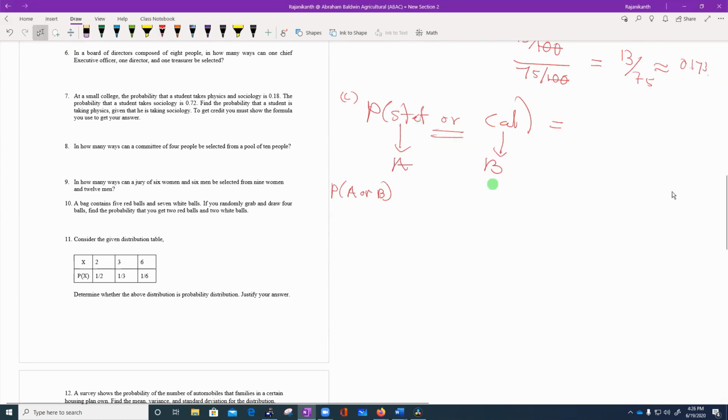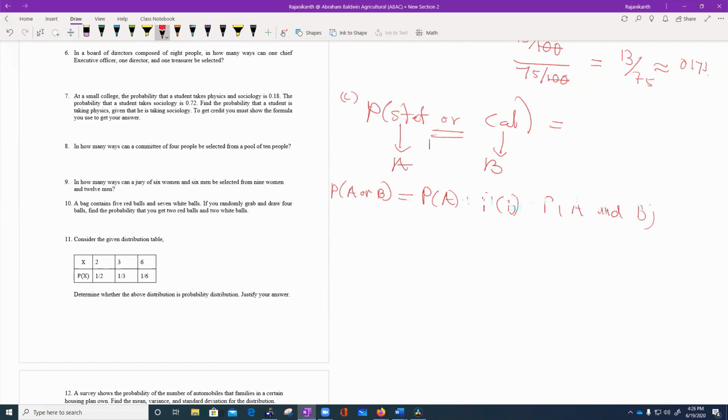So if you look at your note, the addition rule number 2 says the probability of A or B when A and B are not mutually exclusive, can happen at the same time, is given by the probability of event A plus the probability of event B. Then what do you want to do? Then you have to subtract the probability of A and B. So please check your note.